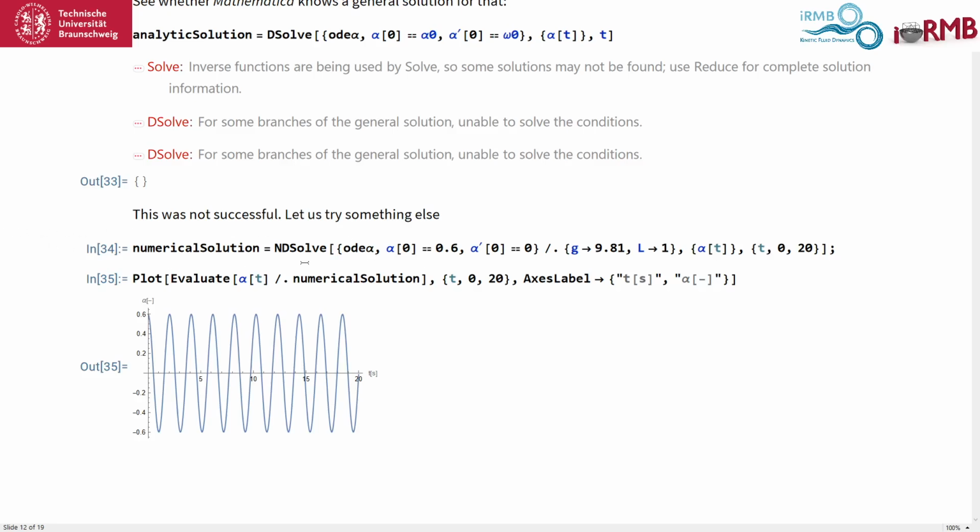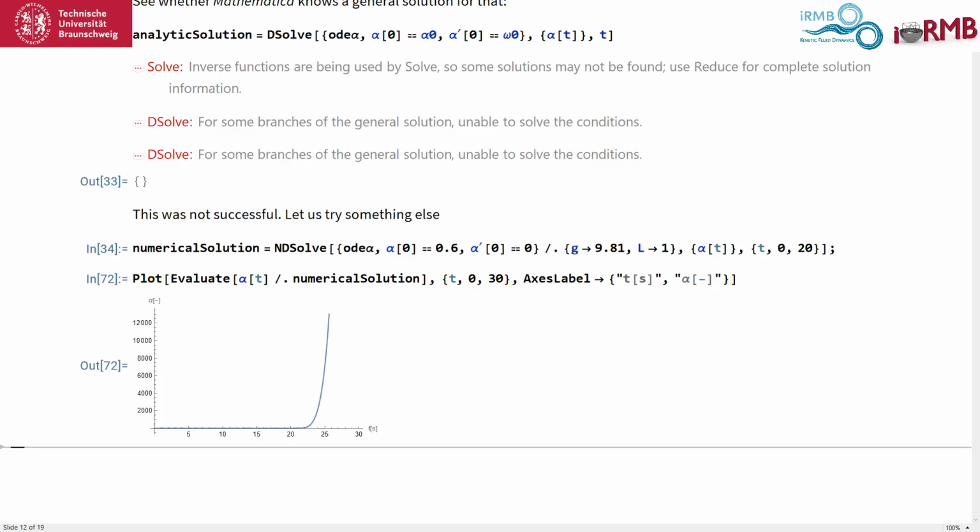Okay, then I have this numerical solution, and I can now evaluate this alpha of t with the numerical solution, in the range where I solved this, from 0 to 20. Yeah, I mean, I can do something stupid here. I can also over-evaluate this. It's always funny to see this. I don't know why they are doing this, but they use an interpolation function.